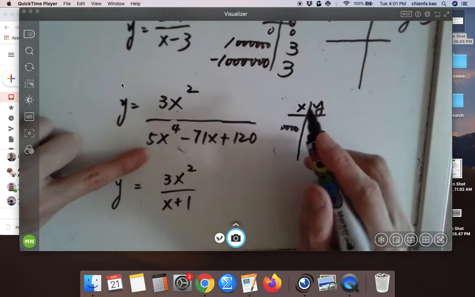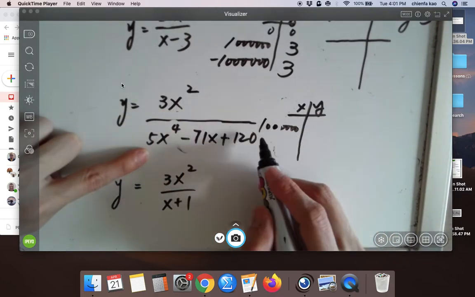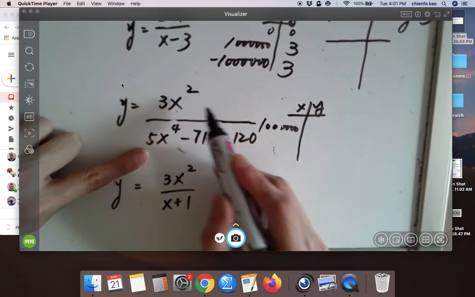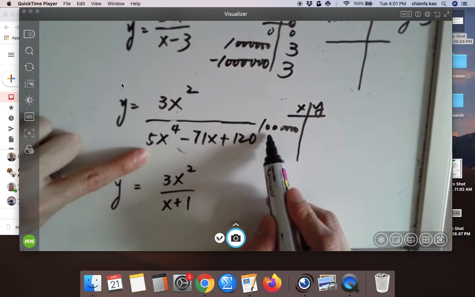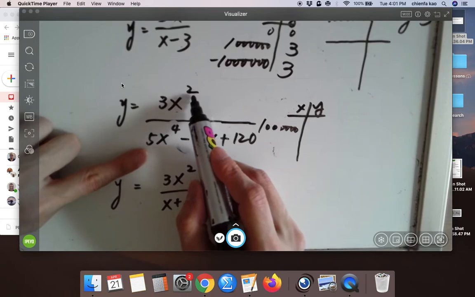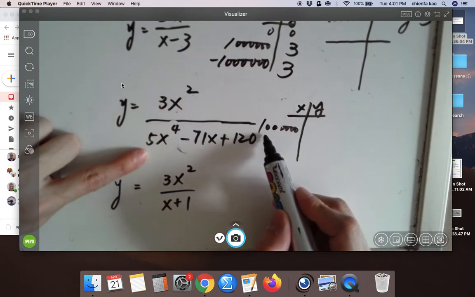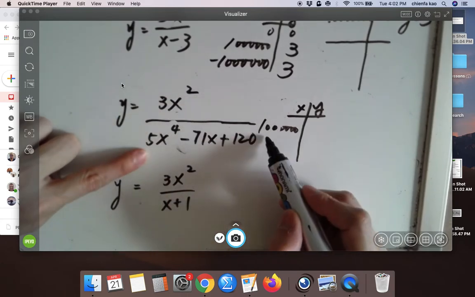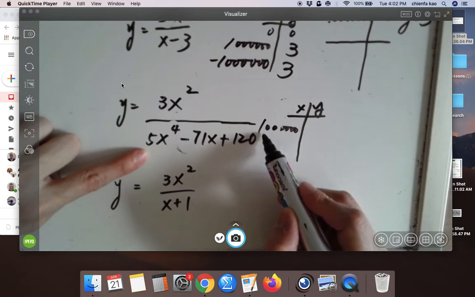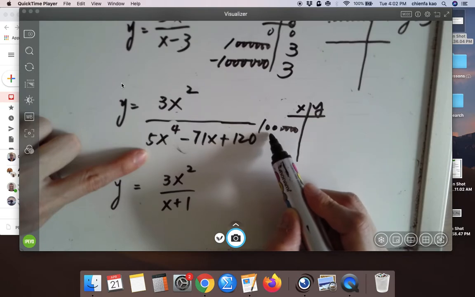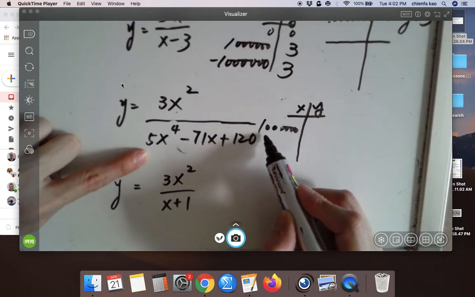If you plug in a larger positive number like 1 million, at the top you will have 1 million squared. It will be 3 times 1 with 12 zeros.